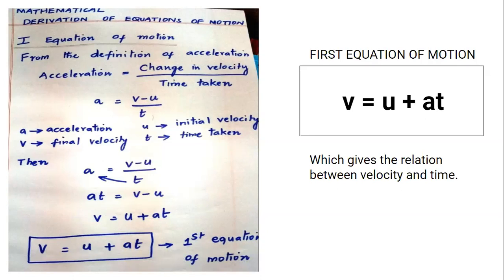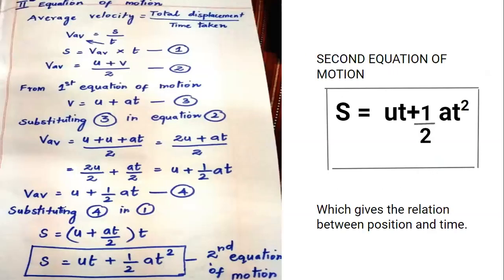And the next, you can see, second equation of motion. Here you can see that the average velocity is the displacement by time taken. So which is v_av is equal to s by t. s is displacement over here. And now cross multiplication.